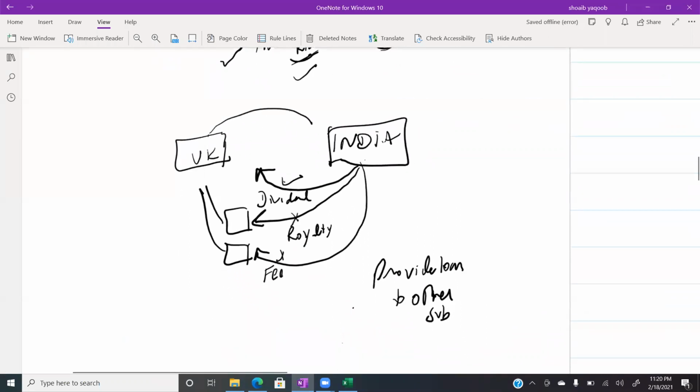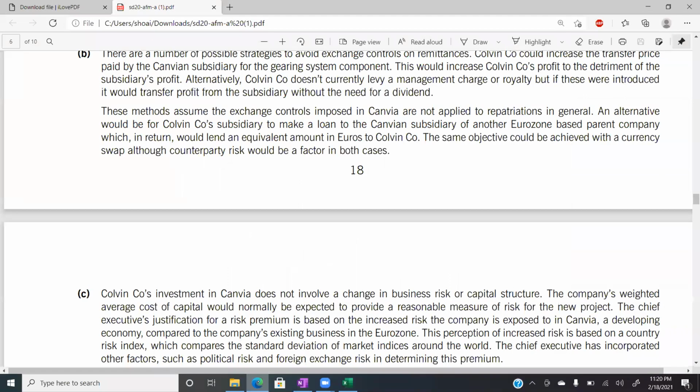Eurozone means, look, the Colvin company is in euros, is in Eurozone, right?